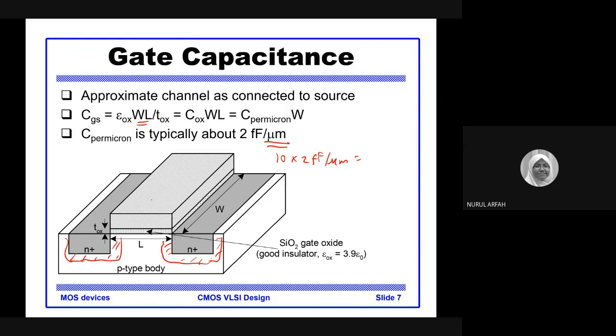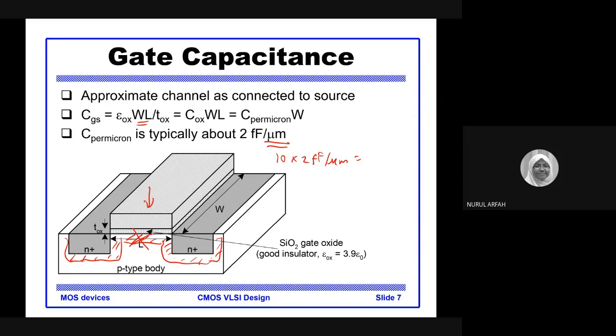And then if we supply something at the gate, then some channel will be built up over here. And if the gate is equal to 0, then we expect the transistor to be turned off. Over here there is no channel, okay?